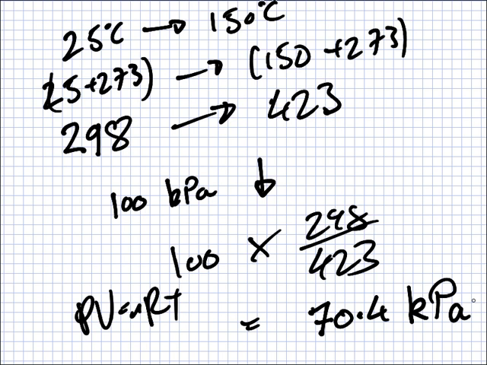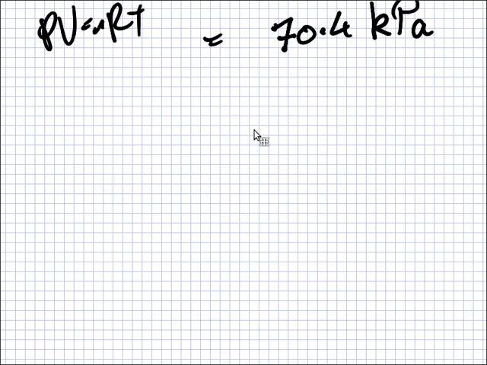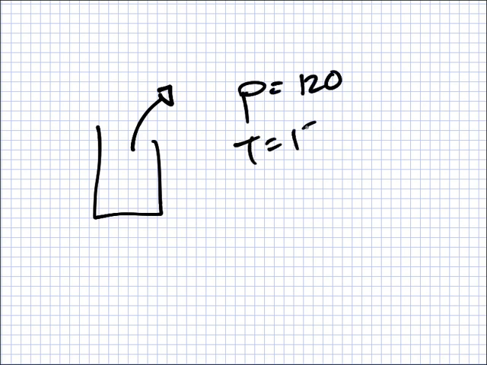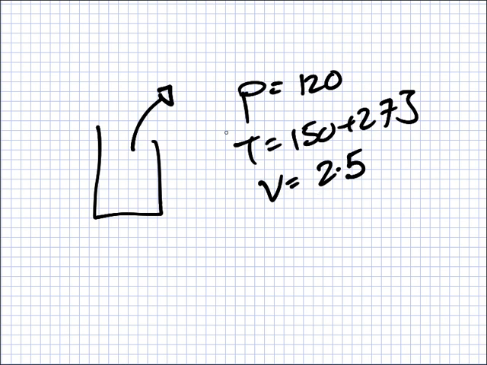Continue. Next part. So in this part here, some of the gas comes out. So the pressure is 120, the temperature is 150 plus 273, the volume is still 2.5, and the question is how much is left?